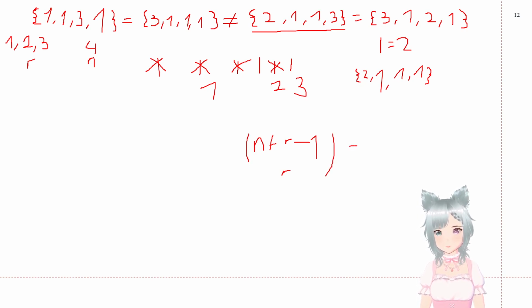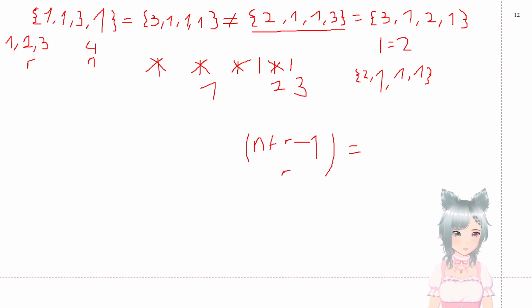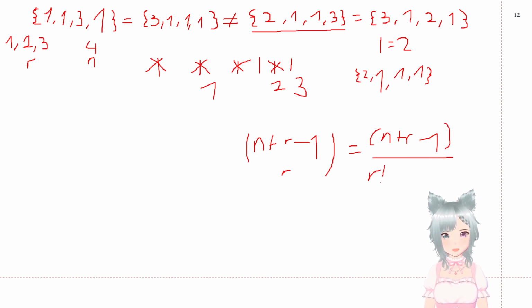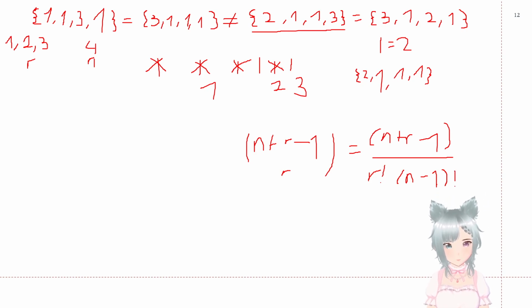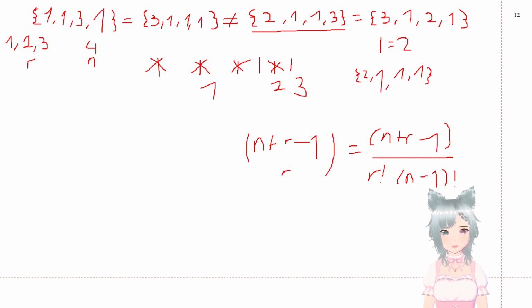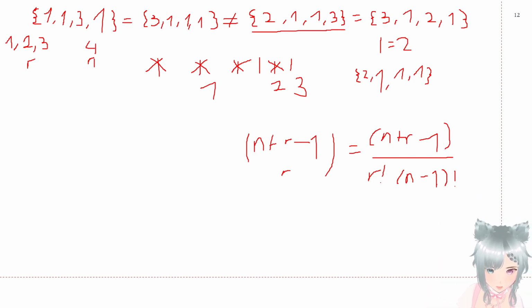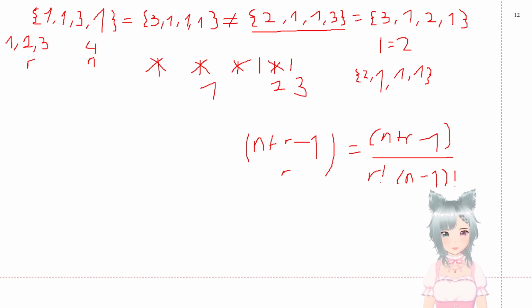Which, if you do the math behind this, is the same as n plus r minus 1 over r factorial times n minus 1 factorial. Because in here there would be n plus r minus 1 minus r, and the r just cancels out. And this is how we get to this formula here.